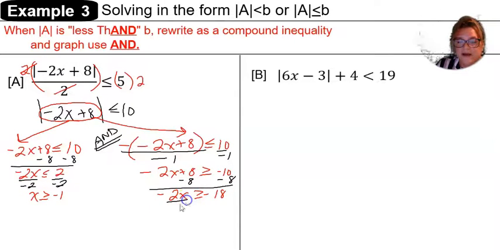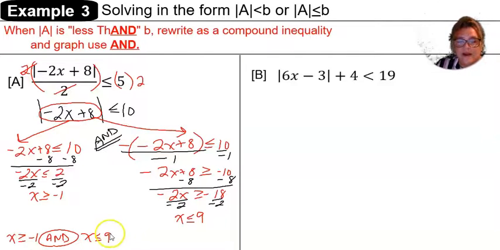Then let's divide both sides by that coefficient of negative 2, and now we get to change the direction of the inequality again. So x is less than or equal to negative 18 divided by negative 2, which is a positive 9. So our two solutions are x's that are greater than or equal to negative 1 and x's that are less than or equal to 9.